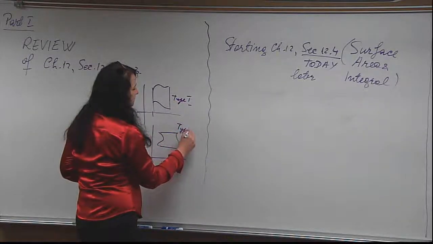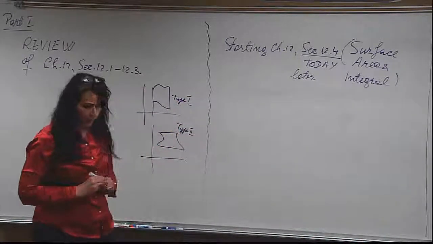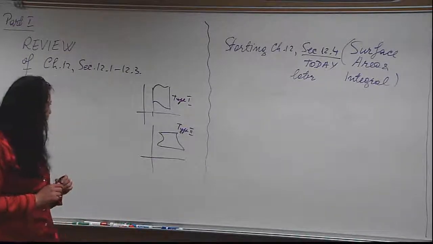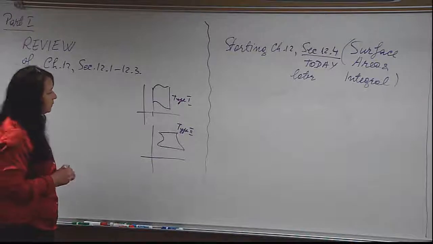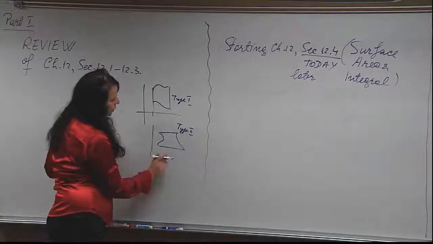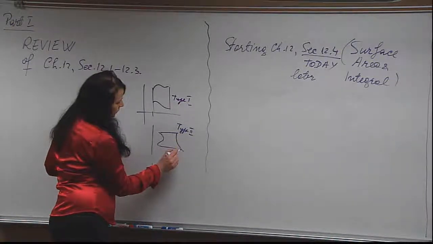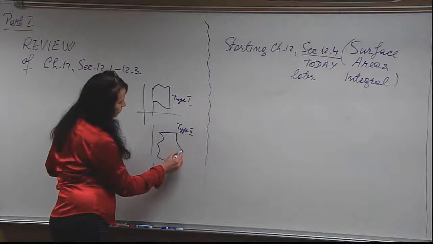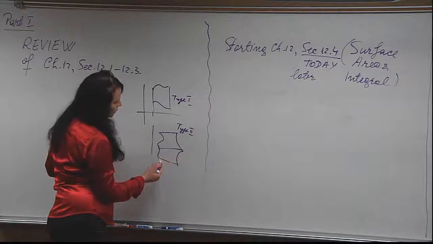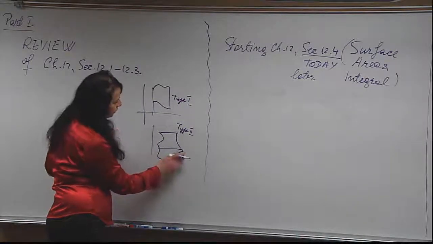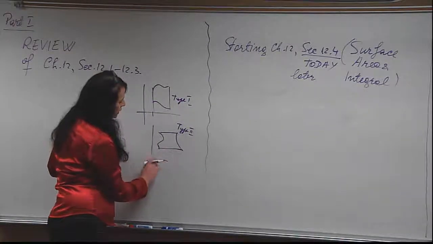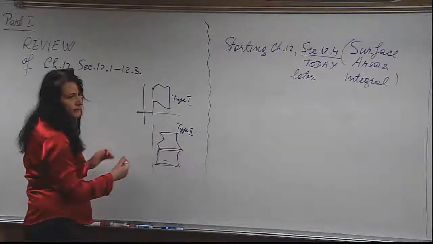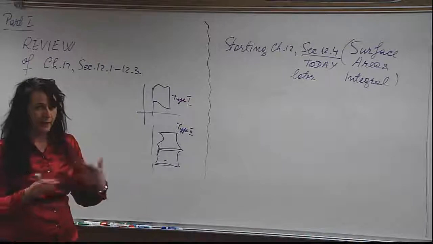Type 1, type 2, what did we do after that? After that, we said, well, what if you're not so lucky and have such nice domains, or maybe you have something with a corner? What do you do if you have a corner? Well, you'd still be able to divide the surface into two, or you have two separate areas, and then you integrate on them separately of the same type, and you have an additive integral.